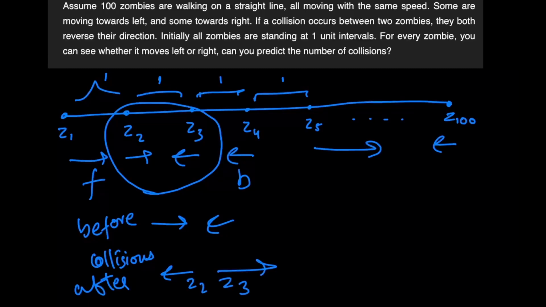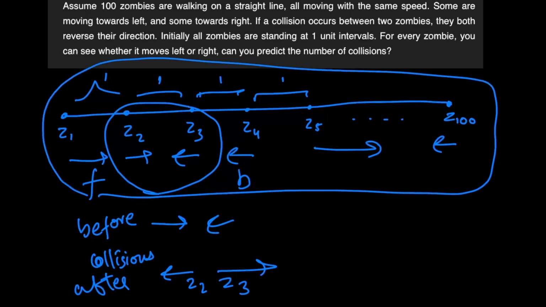So given a random arrangement of forward and backward directions for these 100 zombies, is there a neat and fast way to calculate the total collisions that will take place in this system? And we have to do so without needing a brute force manner.